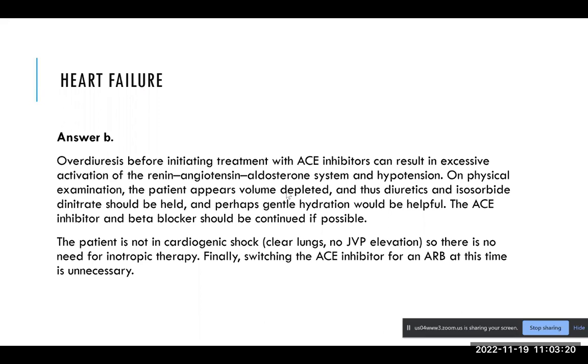Because of the recommendations to just start the medical therapy whenever the patient is dry, some physicians might overdiurese those patients. And when the patient is totally dry, starting an ACE inhibitor will give you this hypotension and acute kidney injury. So the question here is testing whether this is cardiogenic shock or not.